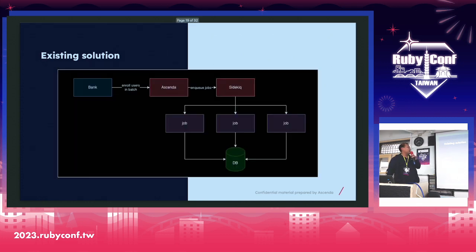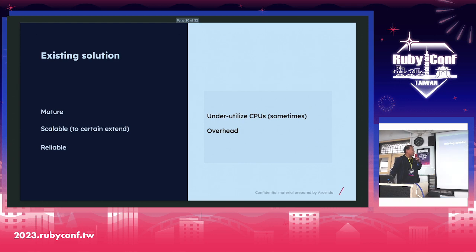For every single user, we need to fetch it from the DB for every job. We need to create a record in Redis, and then we need to delete that record after the job finishes. So there is some overhead, small but still something that can cause a problem. And sometimes the CPU can be underutilized.